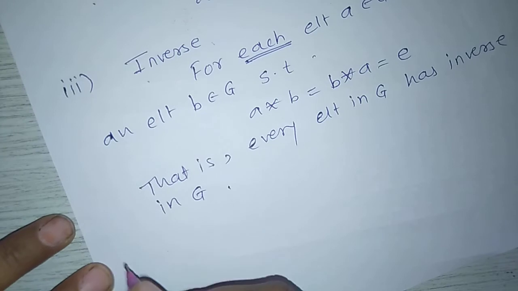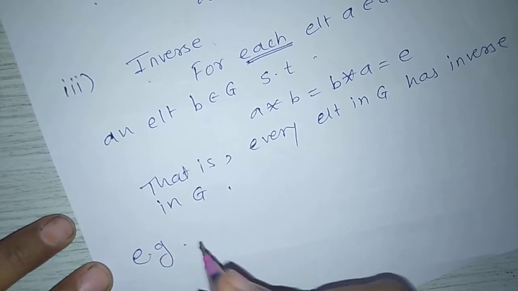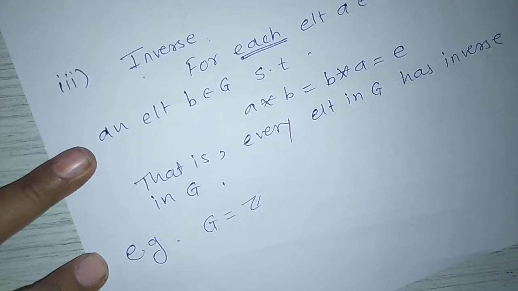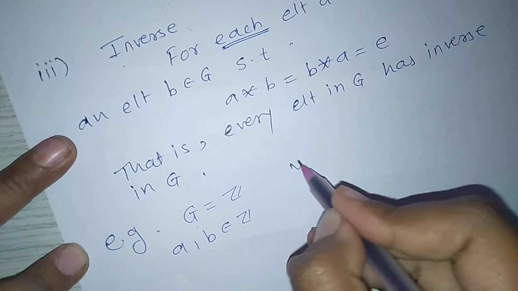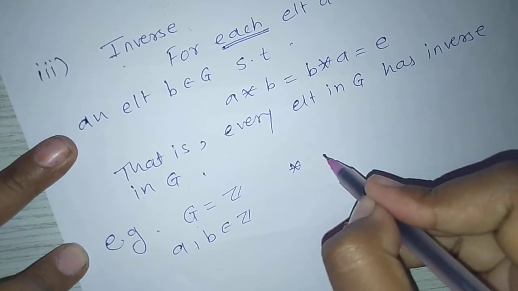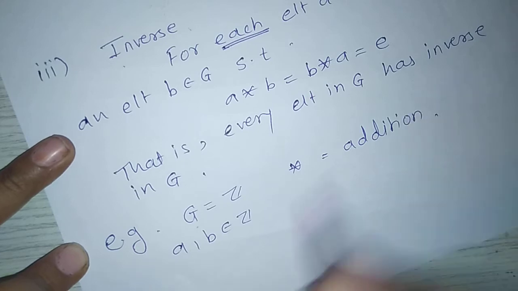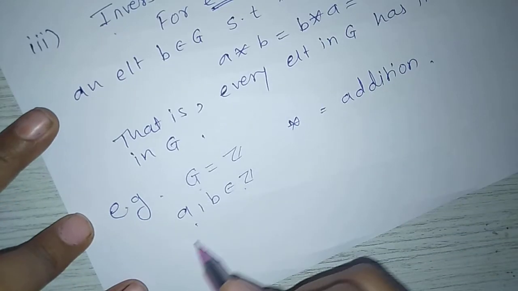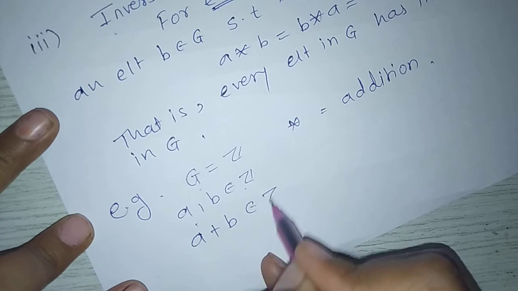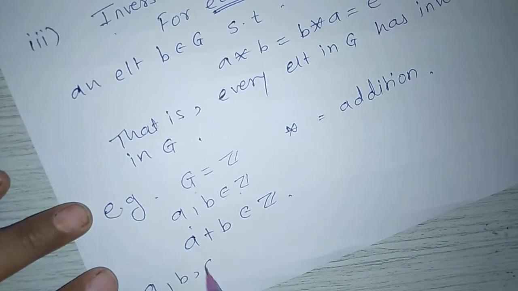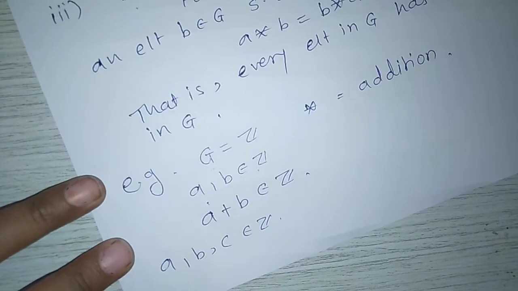For example, consider G equal to Z. Take two elements of Z under binary operation addition. A, B belongs to Z, then A plus B also belongs to Z. Similarly, A, B, C belongs to Z.